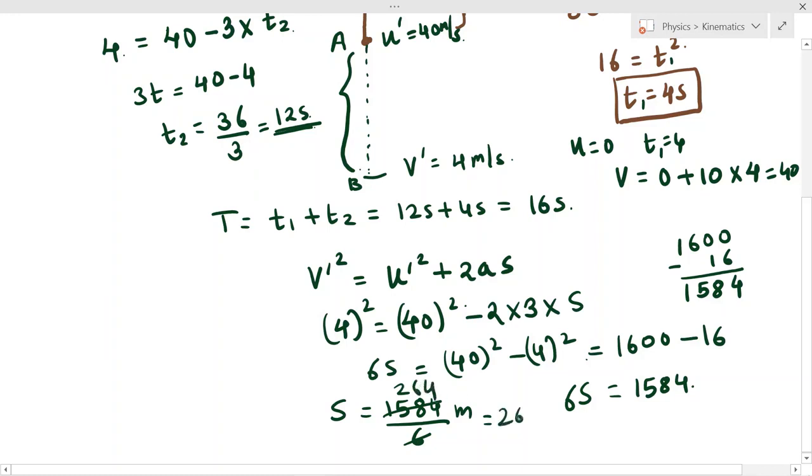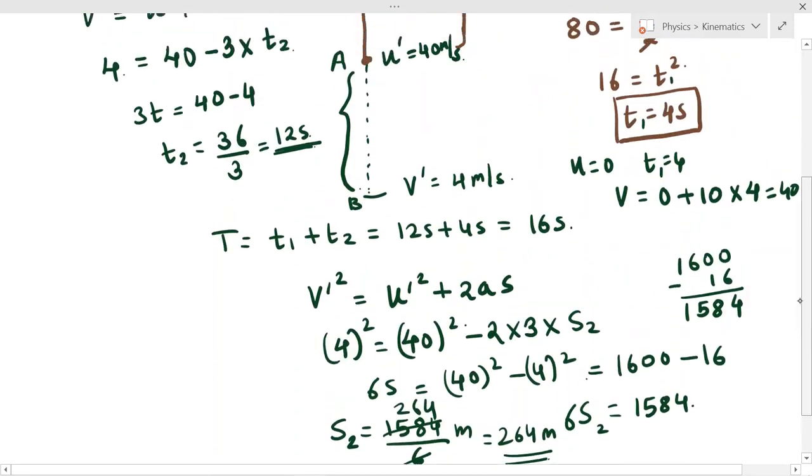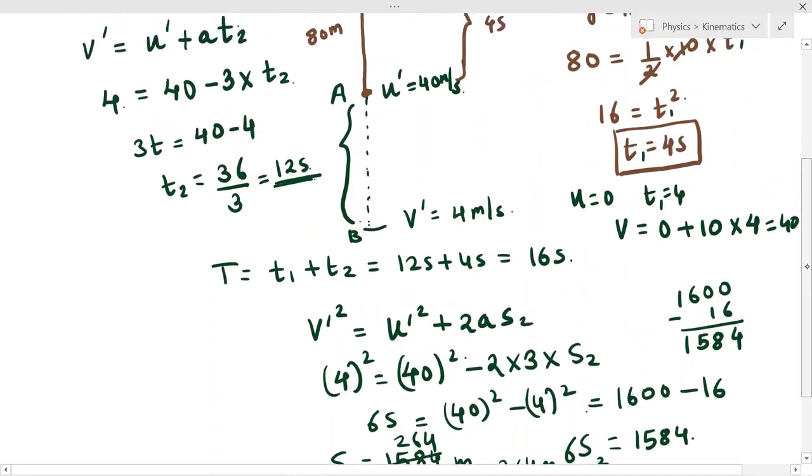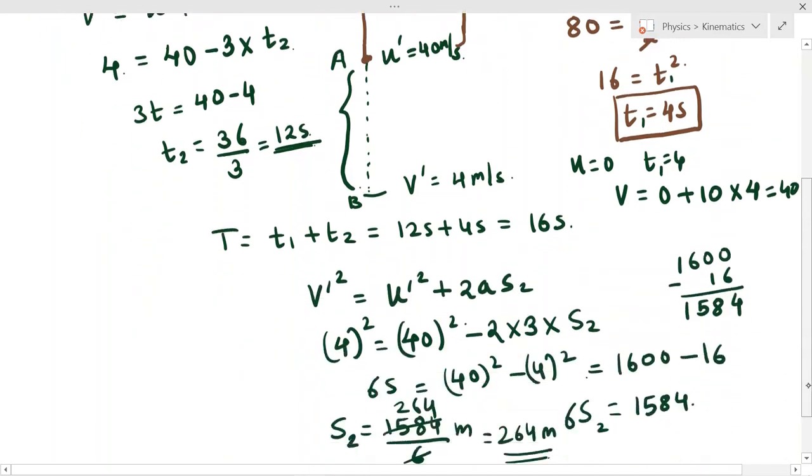This is 264 meter. So the 264 meter, let's say this is s2, and the other distance we have taken as s1, which is 80.